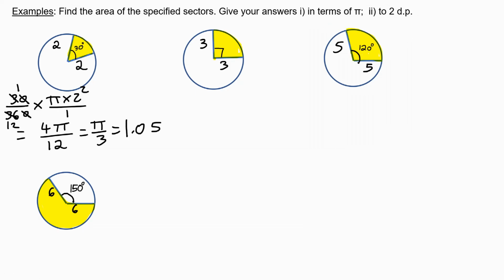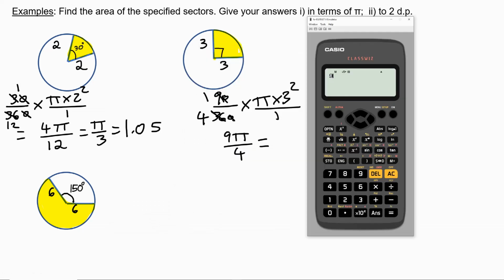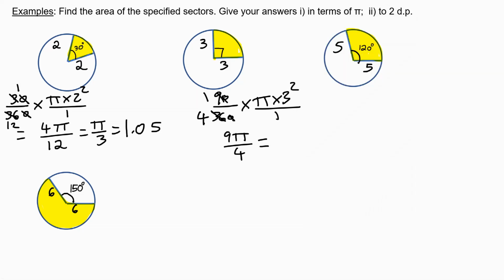In the second question, the angle is 90. So I've got 90 over 360 times pi times 3 squared, which will give me 9 pi over 4, because 9 into itself goes 1, 9 into 36 goes 4, you get 9 pi over 4. And to 2 decimal places again, that's 9 pi divided by 4, which is 7.07.